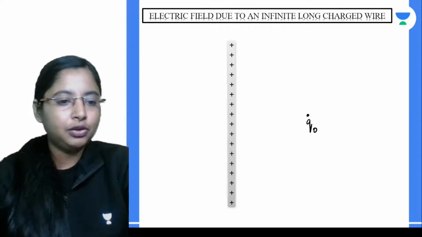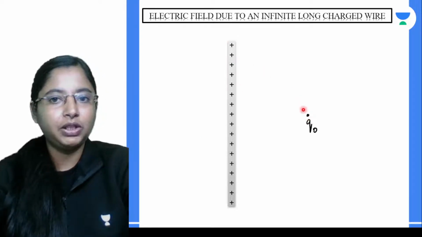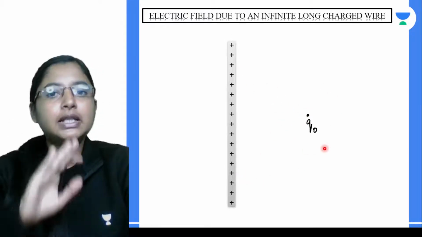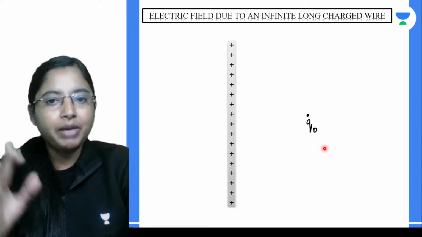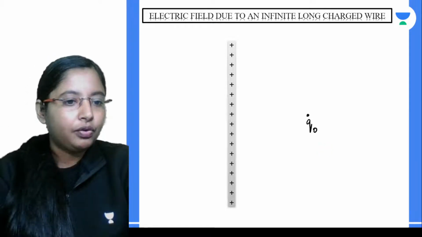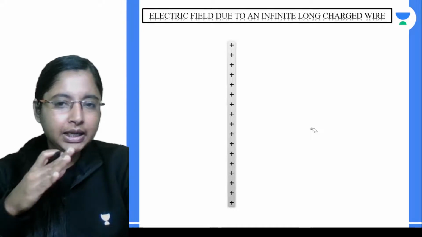If you try using the superposition principle, you have to find the field due to each charge and then add all of them together. This process is extremely complicated and makes the math very complicated. So to avoid this, Gauss's law comes into the picture.